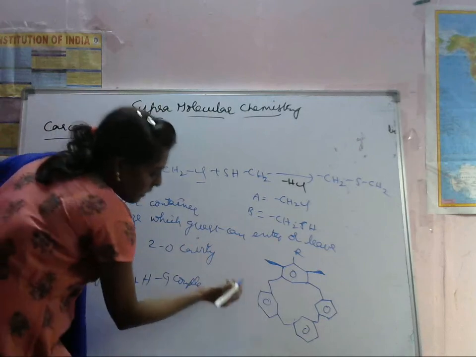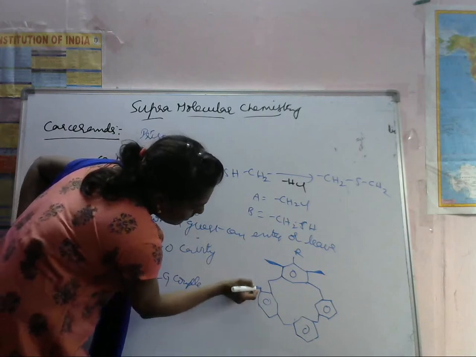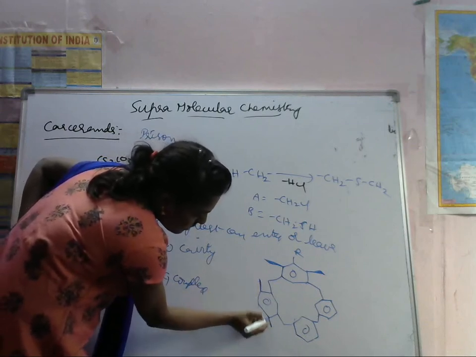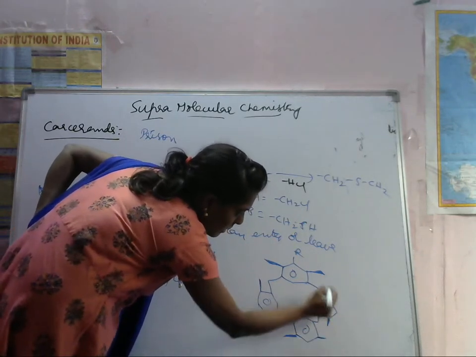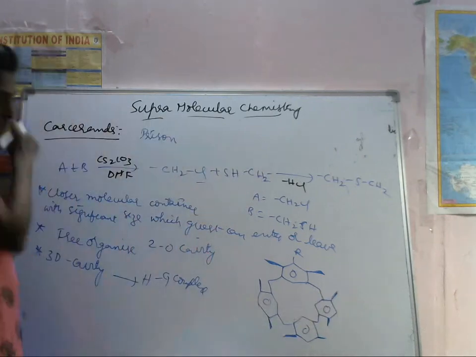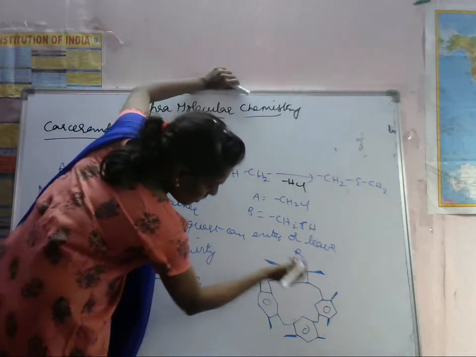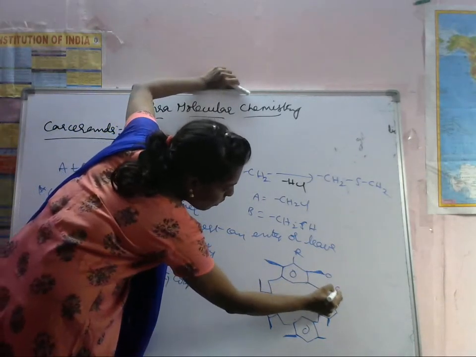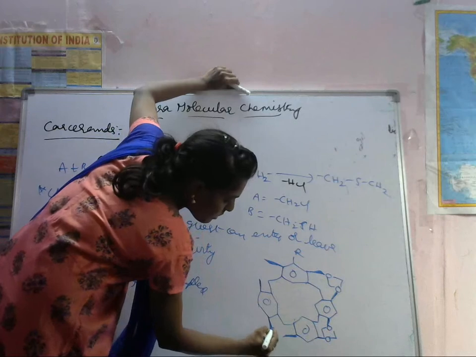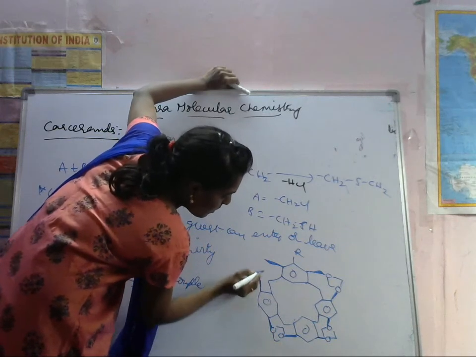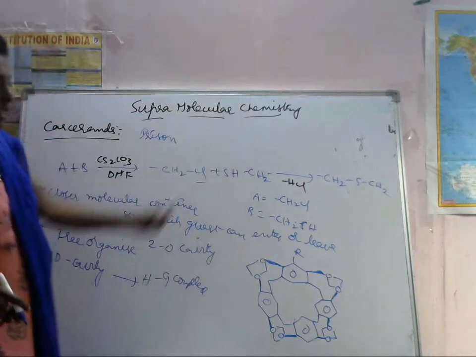Here we have to write this, and here also. Which group will be there? O will be there, oxygen, and methylene groups.